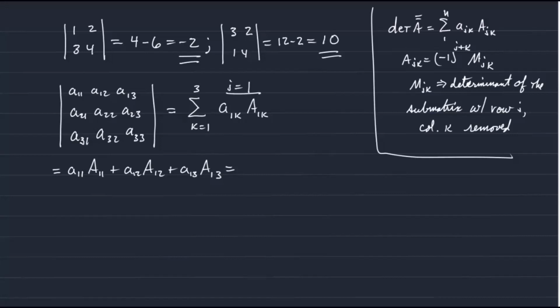And remembering our definition of the cofactor matrix, that gives element A11 times minus 1 raised to the second power, 1 plus 1 is 2, times the determinant of the lower submatrix M11, plus A12 times minus 1 raised to the third power times M12, the determinant of the submatrix associated with A12, and then we have minus 1 raised to the fourth power, 1 plus 3 is 4, times M13.